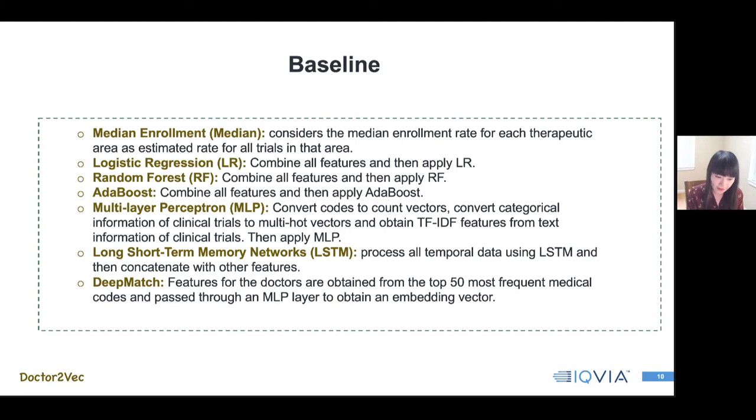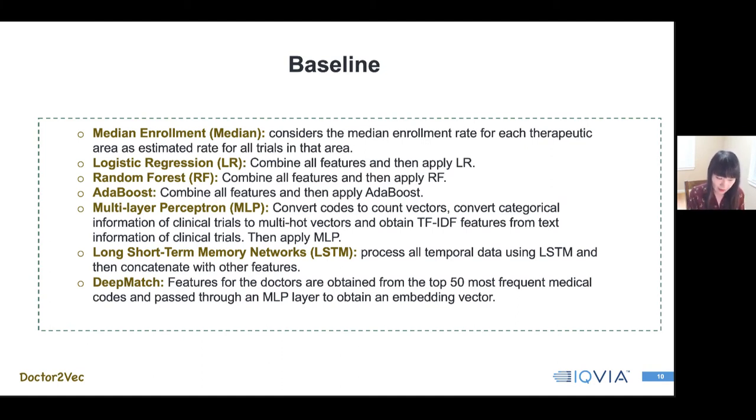We simply consider the median enrollment rate for each therapeutic area as the estimated rate for all trials in that area. We then compare with a few powerful shallow models, which include logistic regression, random forest, and AdaBoost.